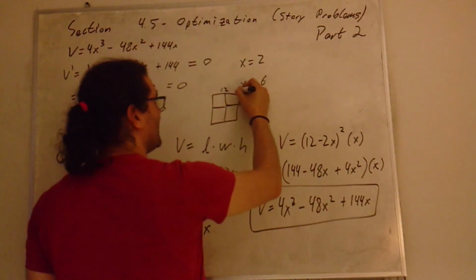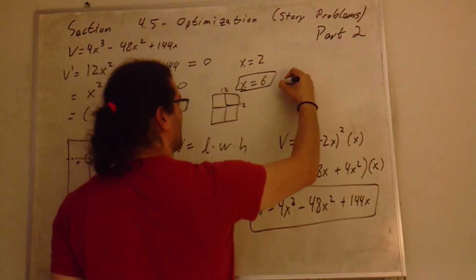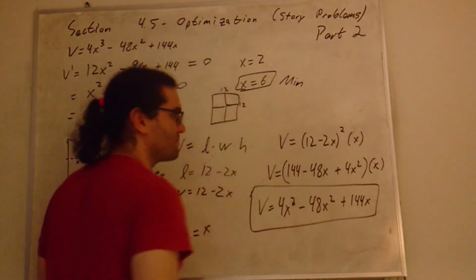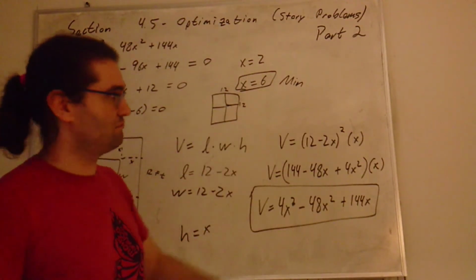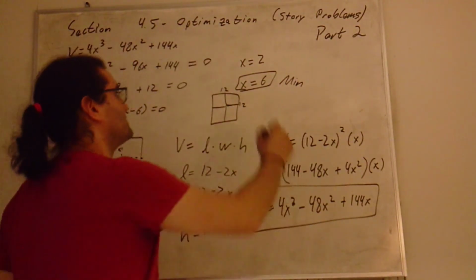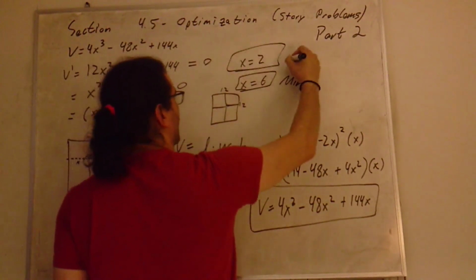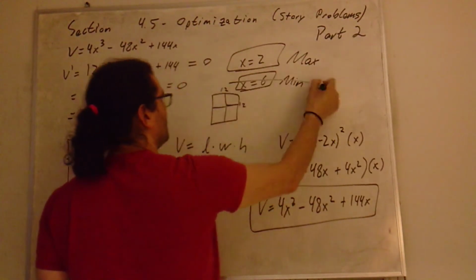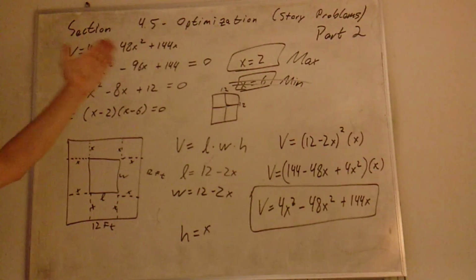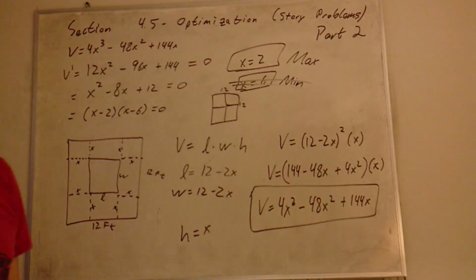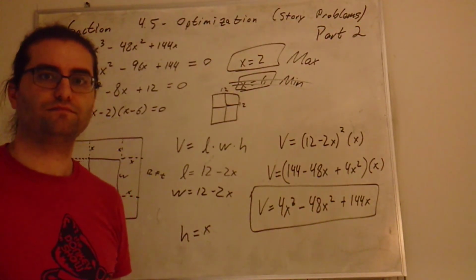This is a critical point because it is a minimum. This minimizes the volume at 0. This is actually your max, which is what we wanted. We wanted to maximize this volume. X equals 2 is the number that maximizes this volume.